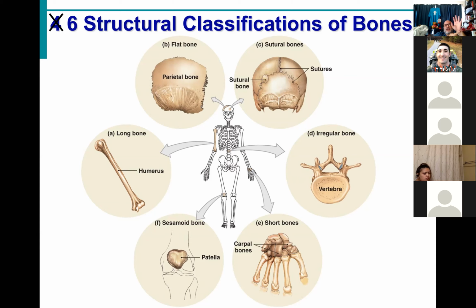Maybe only 10% of the population have this one here, so we can't give it a meaningful name. So again, we give most sesamoid bones the general name sesamoid, and all sutural bones the general name sutural bones. But all the long bones, all the irregular bones, all the flat bones, all the short bones are consistent between people. So every single one has a specific name.